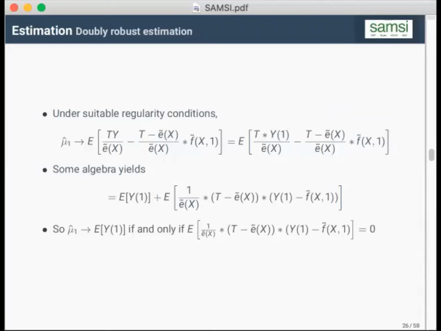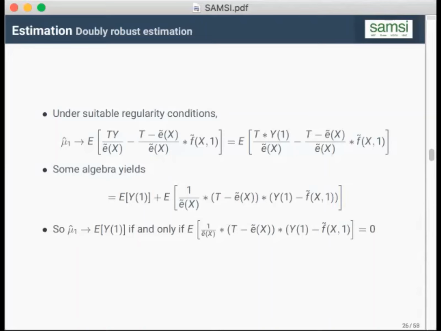Under some regularity conditions that are very technical, but just allow us to replace E hat and F hat with their probability limits, E tilde and F tilde, we can get that mu1 converges as n goes to infinity to this expectation.